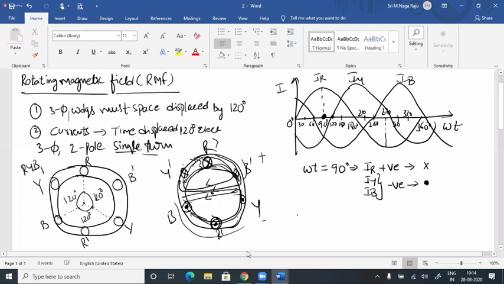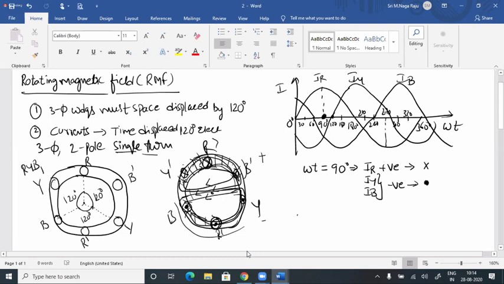This is the direction. Okay. Now tell me, this is the magnetic flux. So see, I'm drawing lines here. This total portion is core, and this portion is air gap.